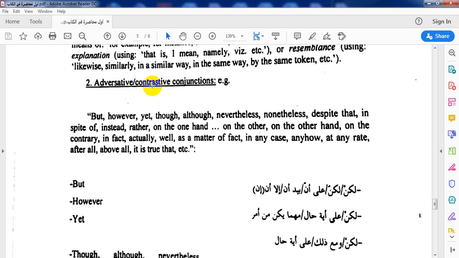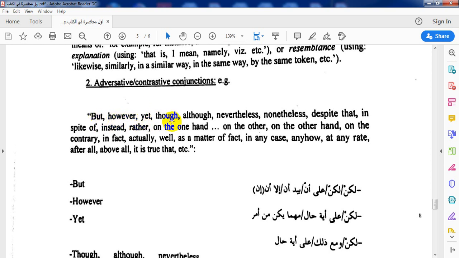We mean here contrastive, التباين أو التضاد, to give a contradicting idea, or another idea. التناقض أو التباين.